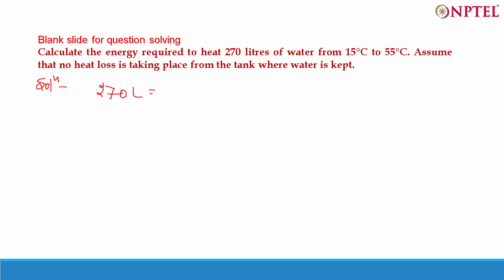When this type of question is given, the first thing you can do is convert it into kg, because the Cp value is in kilojoule per kg per degree Celsius. First try to get the delta T, that is 55 minus 15, which is 40 degrees Celsius.